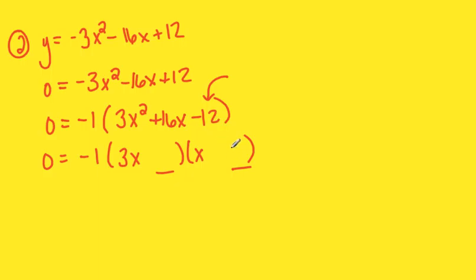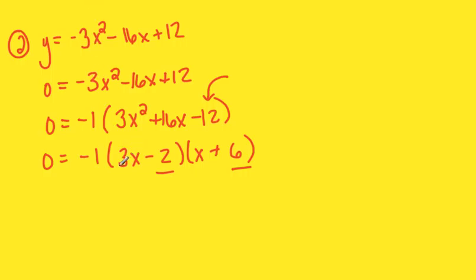If you look at 12, maybe 4 and 3, it's negative, so positive and negative. Negative 2 and 6. So 3x and x is 3x squared, negative 2 and 6 is negative 12, and that would be 18x minus 2x would be 16x. So that would be your factored answer right there.